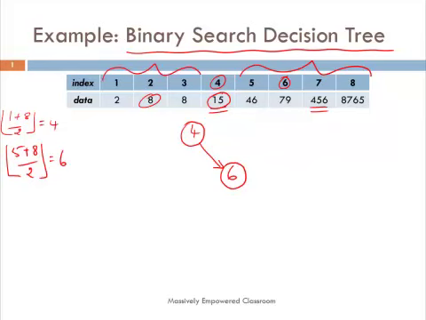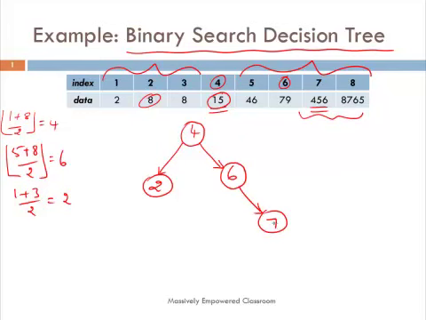We would have taken this part of the array, and then it would have been (1 + 3)/2, which is 2. So 2 would have been the next decision point, the child node in the binary search decision tree. Similarly, in our earlier example, after this part, we found that the midpoint was 6, so we considered this part of the array, 7 and 8, and the midpoint for that was 7. Right? Similarly, here, if you had to go further left, the midpoint would be 1, and so on.